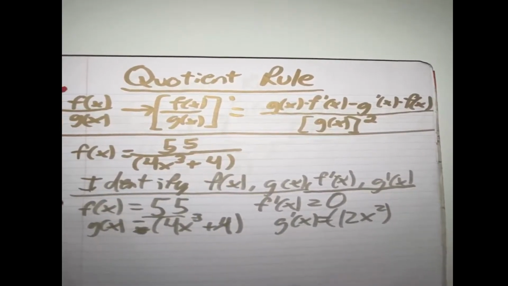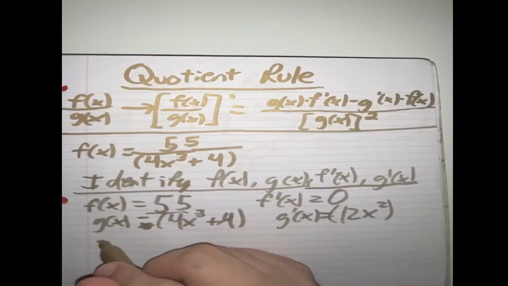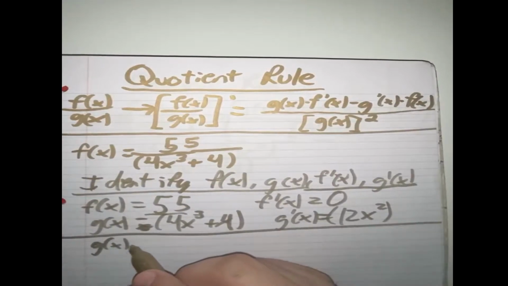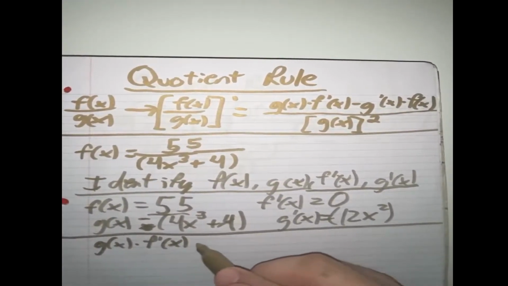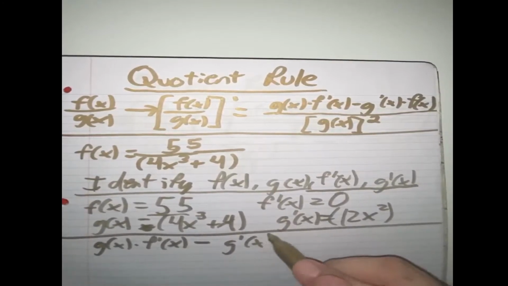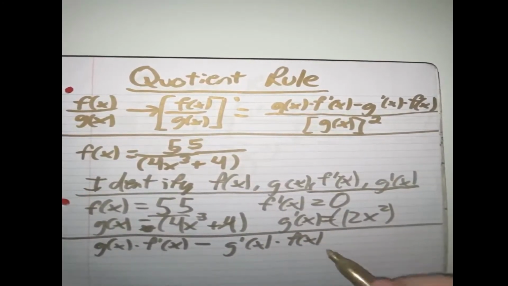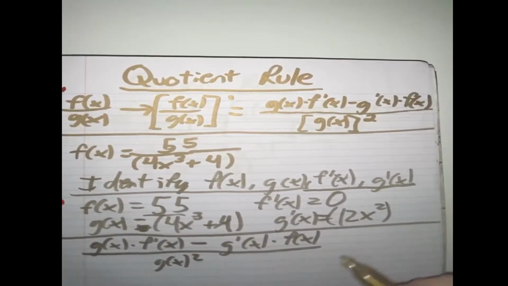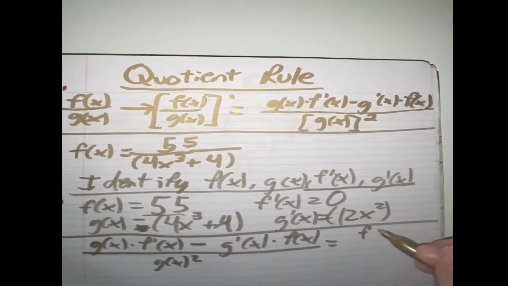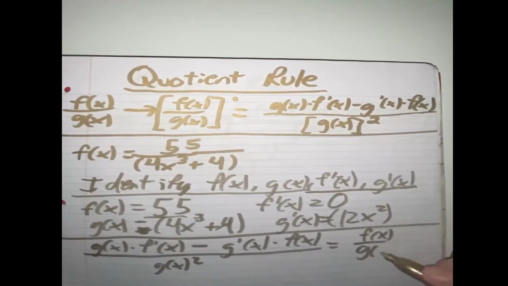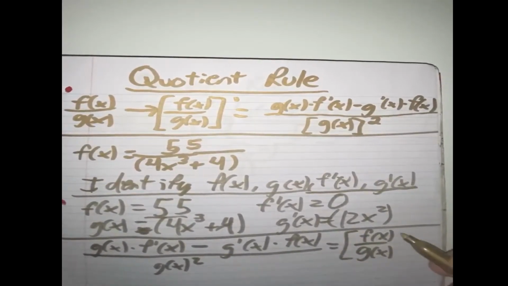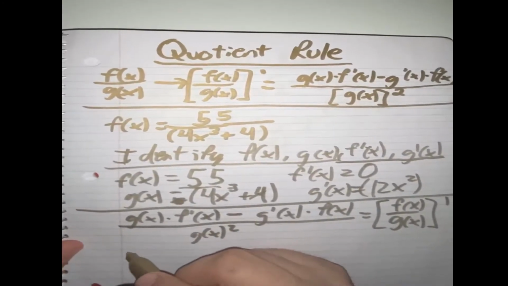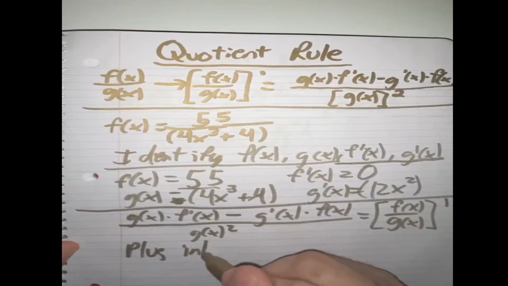The quotient rule says that g of x times f prime of x minus g prime of x times f of x, all over g of x squared, is equal to the derivative of f of x over g of x. So now we literally just plug in the terms.